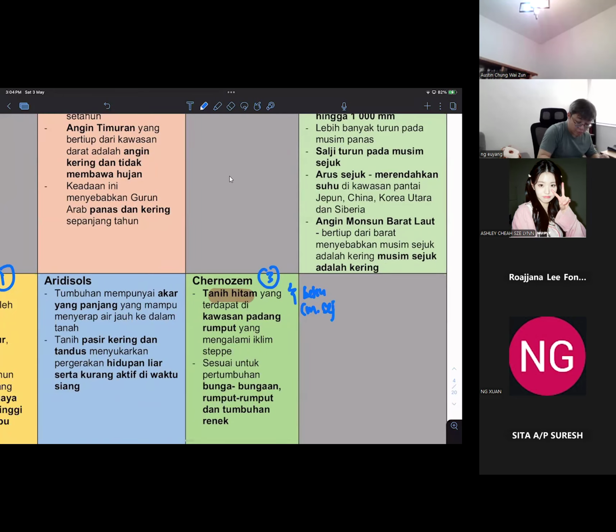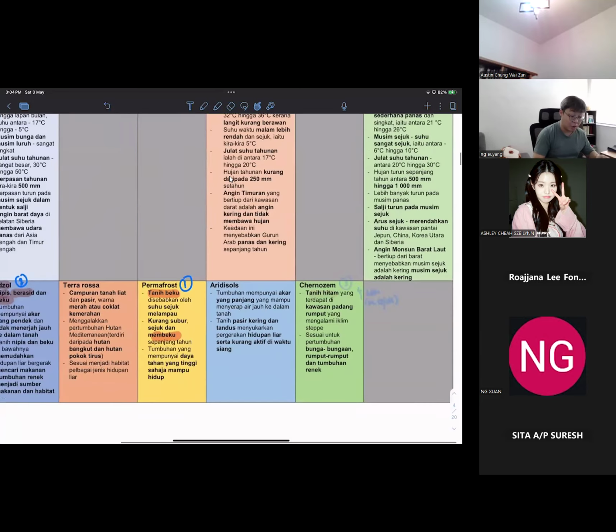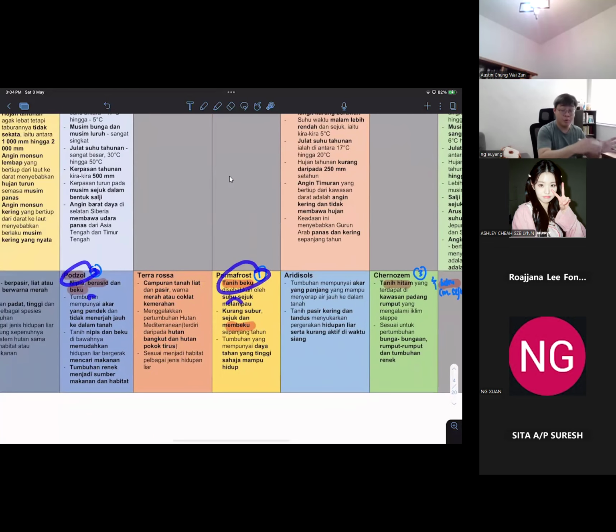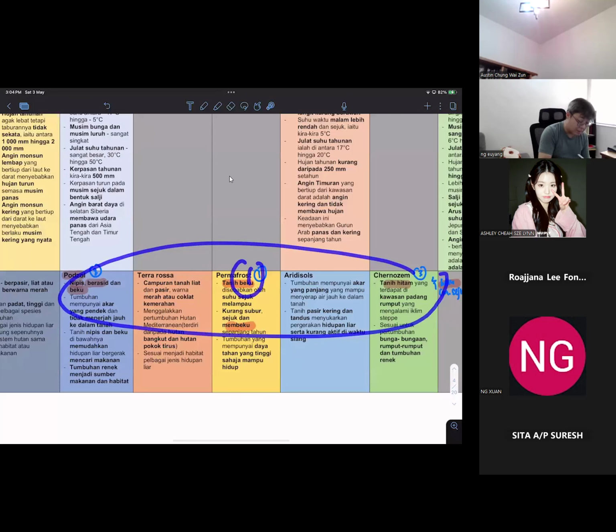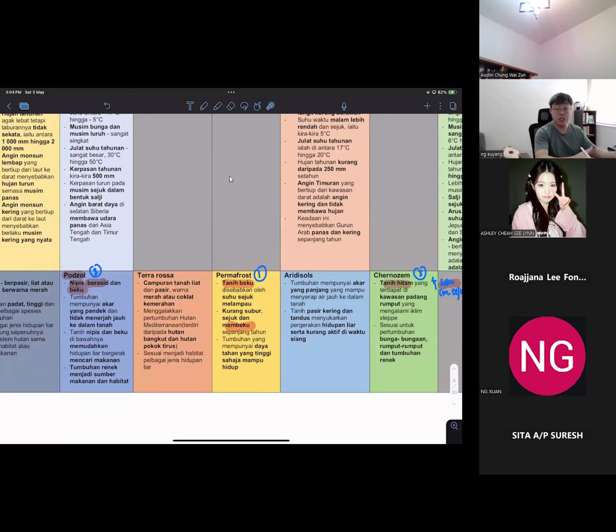So why do I have to mention these 3 tanah first? Because they are going to mention them as tanah beku. Even though the Chernozem is only beku during the winter, and permafrost also beku almost for the whole year, at least 6 to 8 months and above. So whenever we have the tanah beku for the permafrost first, podzol later, and the last one is Chernozem, they have the ciri for their tumbuh-tumbuhan semula jadi, yeah, guys.